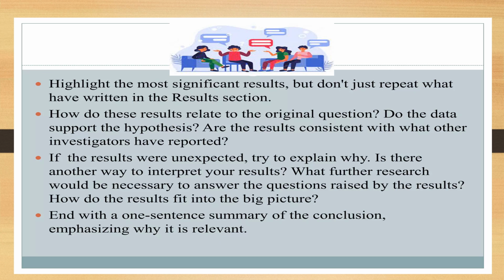If the results were unexpected, try to explain why and give other interpretations of the results, and always try to answer your research question and show how the results fit in the big picture. End with a one sentence summary of the conclusion emphasizing why it is relevant.